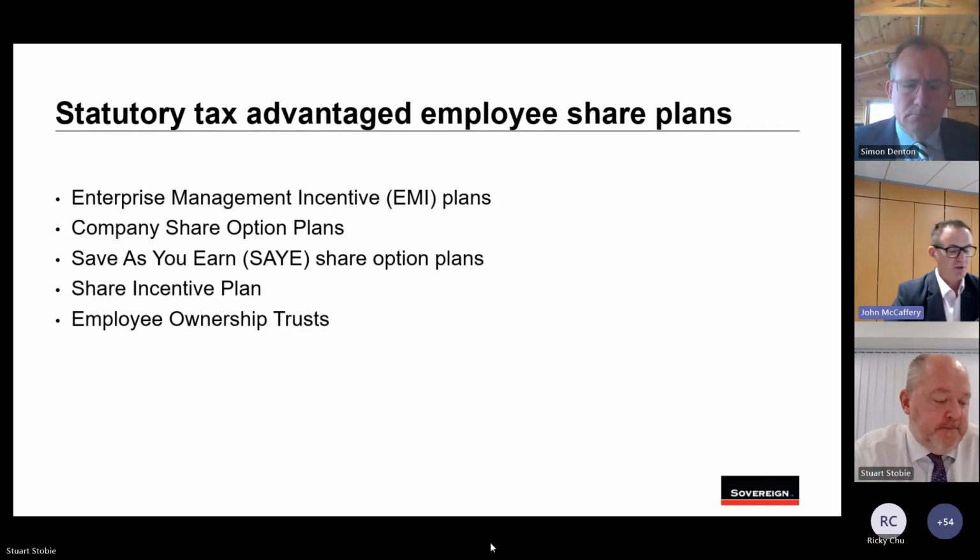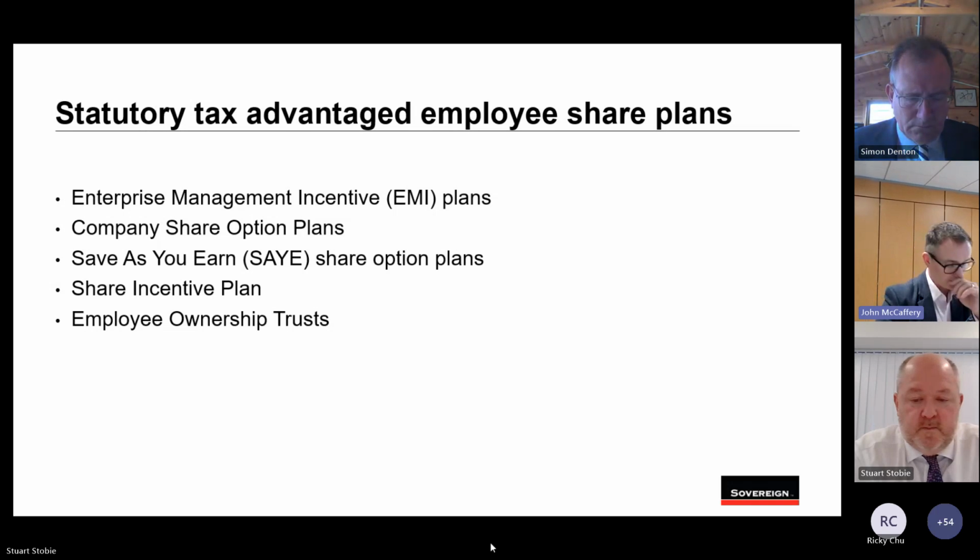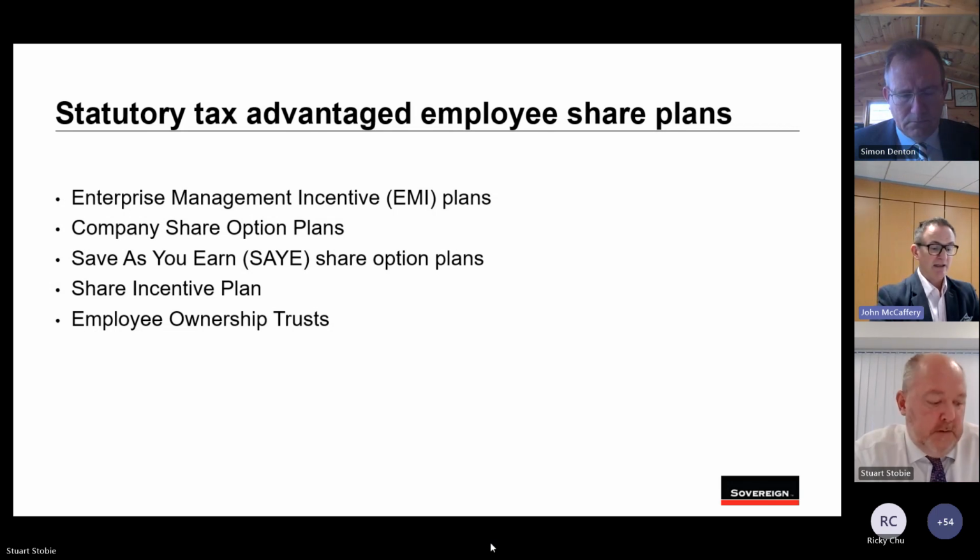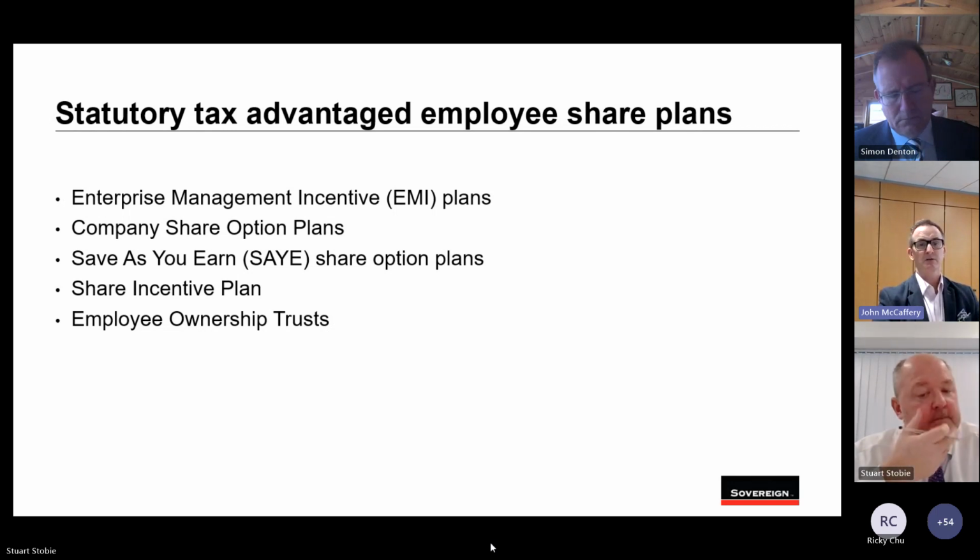Okay, so the way it works is basically you have a couple of business owners. They have 100% of the business, and they decide they would like to exit that business, and let's say it's worth 10 million quid.